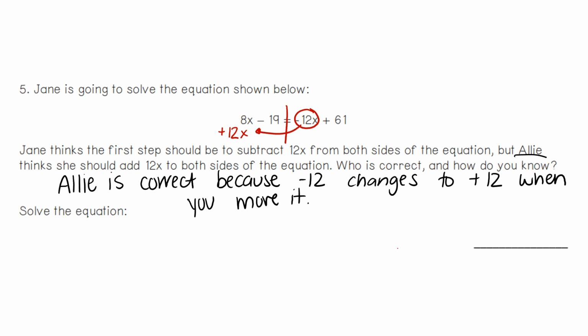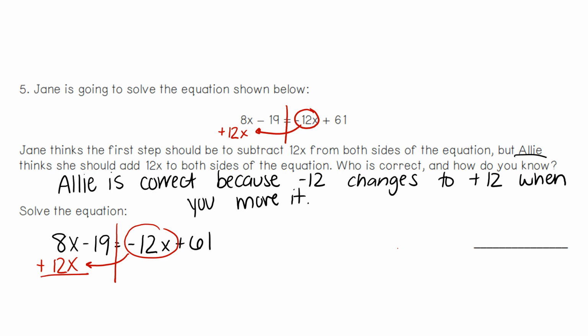So as we solve the equation, our first step, just as we mentioned, is going to be to do a positive 12x on the other side. So 8x and 12x gives us a value of 20x.